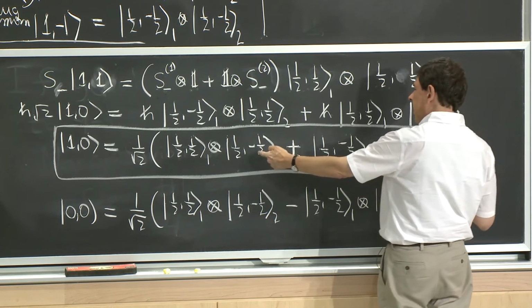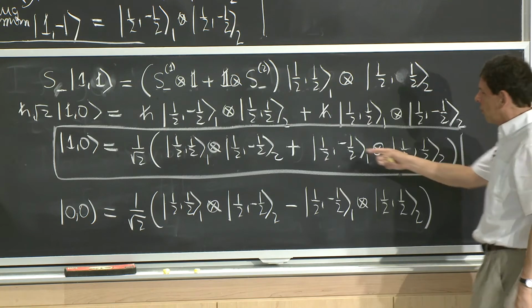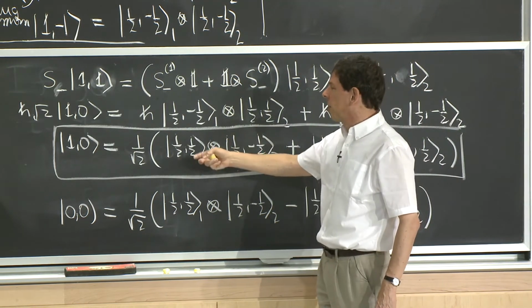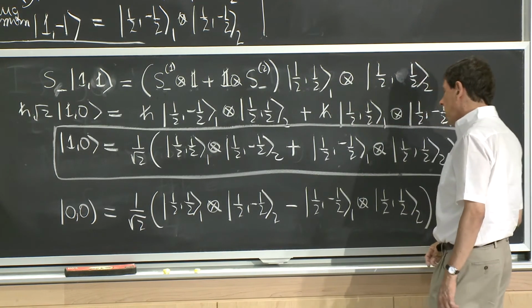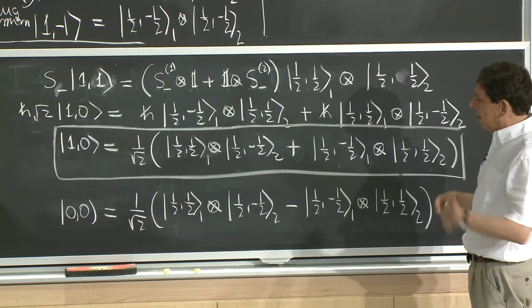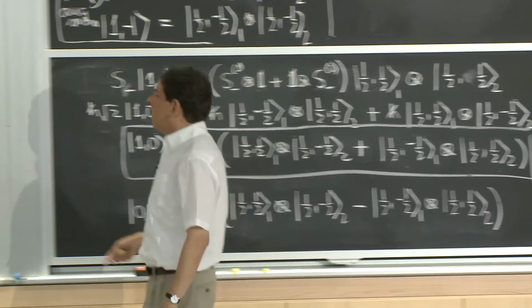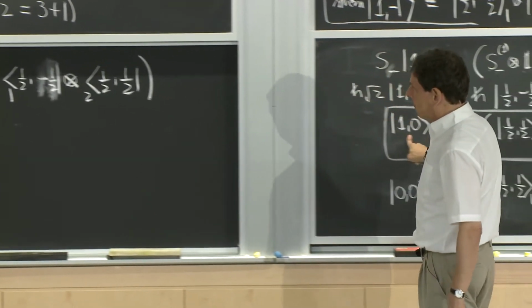So they're different enough that these two terms are orthogonal. So the 1 over square root of 2 is such that the norm squared of this vector is equal to 1. Here, we've produced now the bra, and you could do the bra and act on this ket.